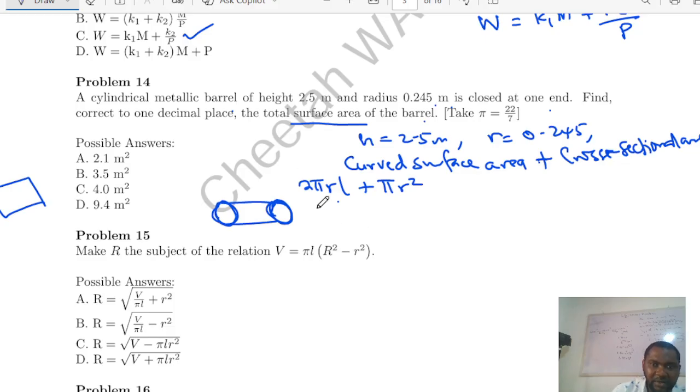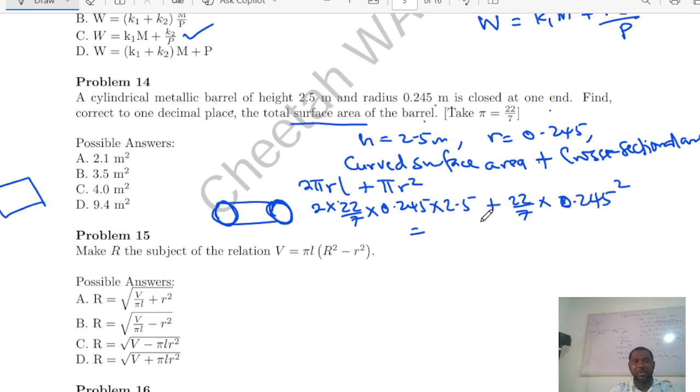So substituting values here, this will be 2 times your pi, we are asked to use 22 over 7, times r is 0.245, times L is 2.5, then plus pi r squared, your pi is 22 over 7, times your r is 0.245 squared.